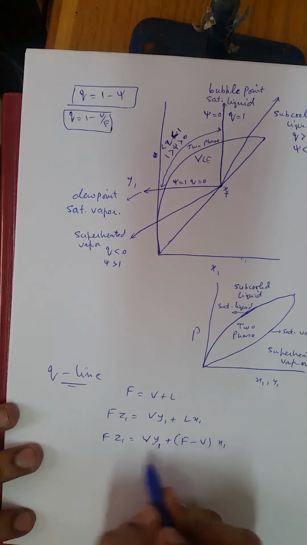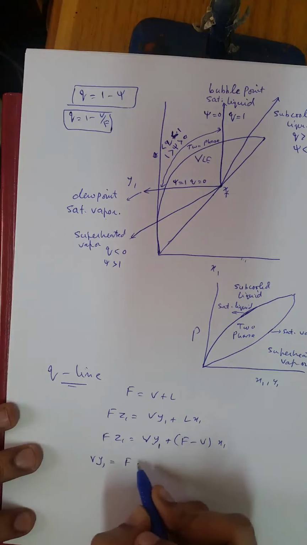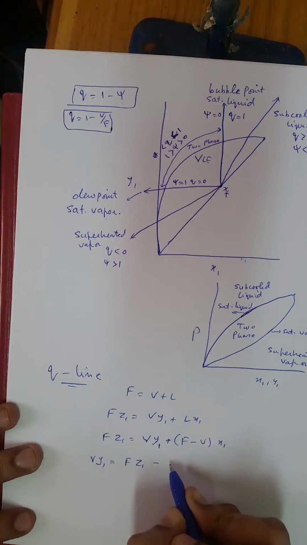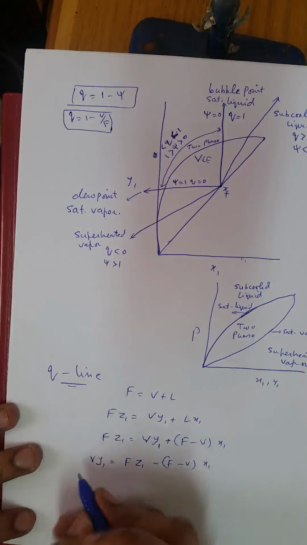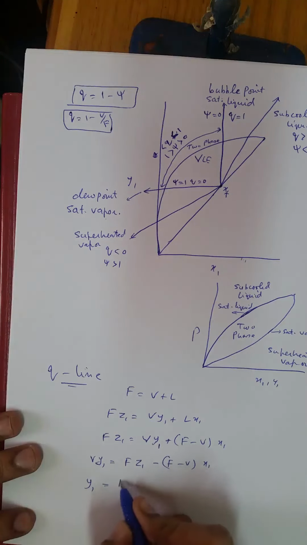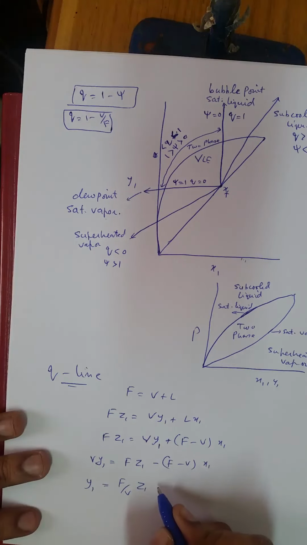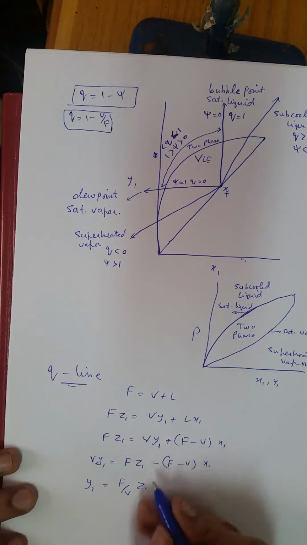So we can take this V on this side. So F Z1 minus, so what we can do is divide by V on both sides. So this will be F over V Z1, and we can swap so they make it positive.